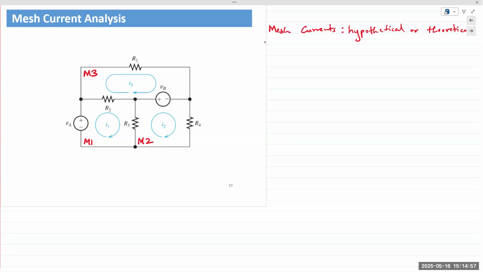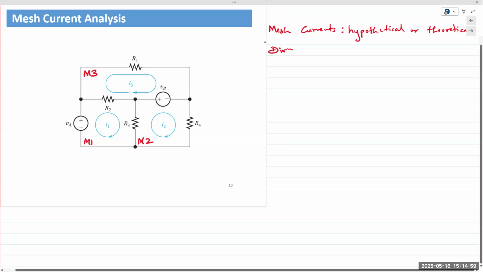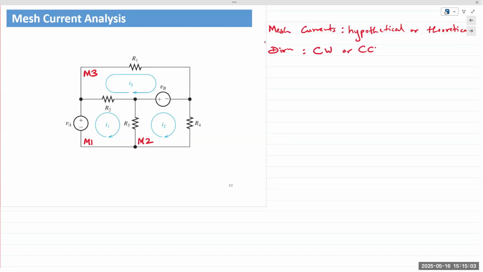So the direction can be clockwise or counterclockwise. It absolutely does not matter what direction you choose. Okay.